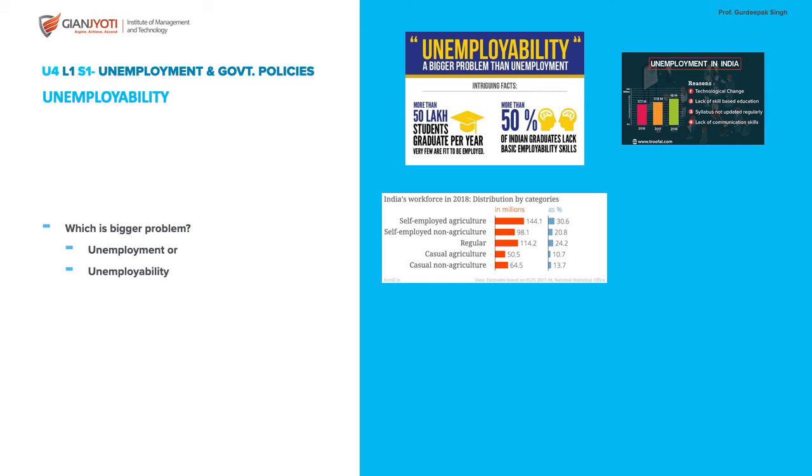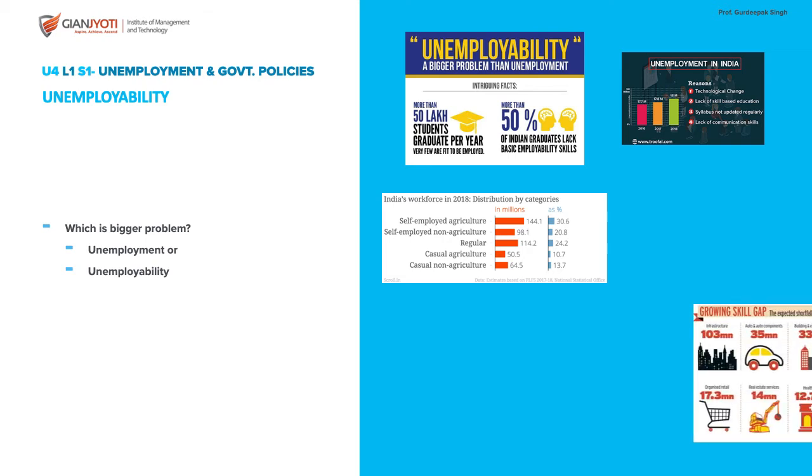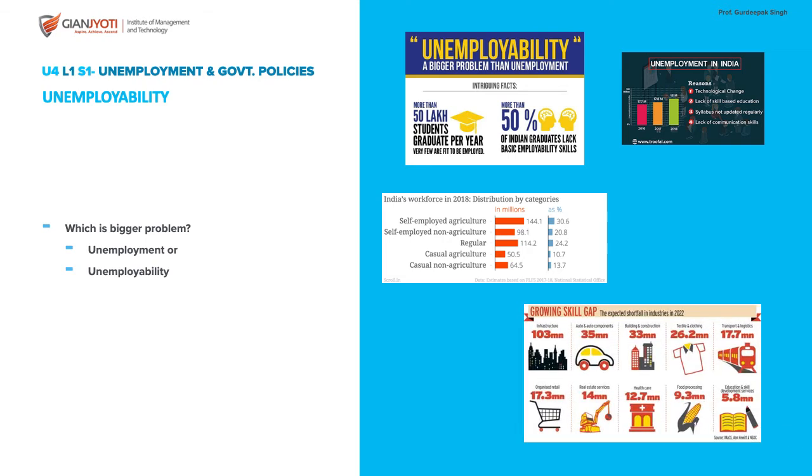Then self-employed non-agriculture is 20.8, regular is 24.2, and casual non-agriculture is 13.7. And in agriculture we saw it is seasonal and it is disguised, that means it is not full-time employment.